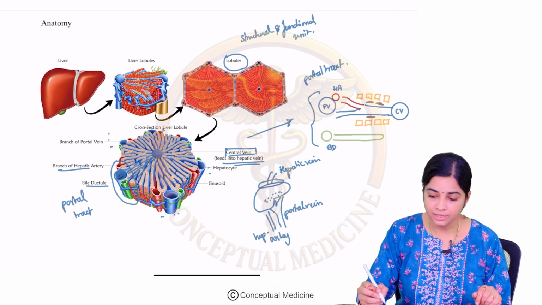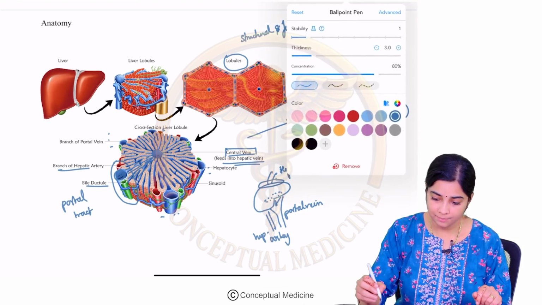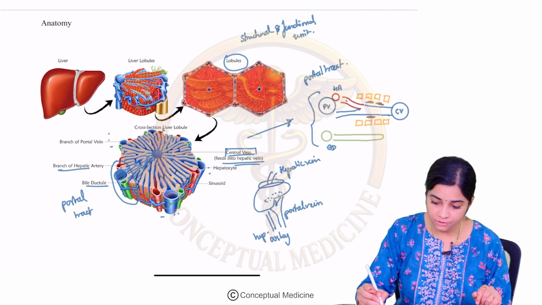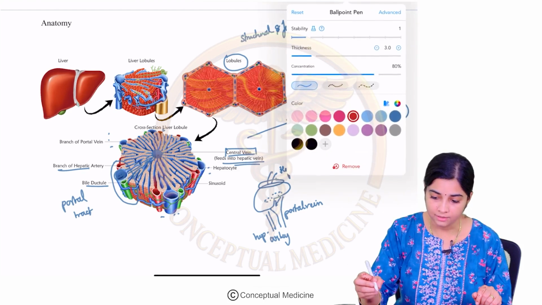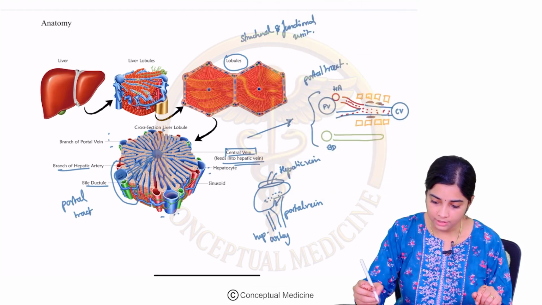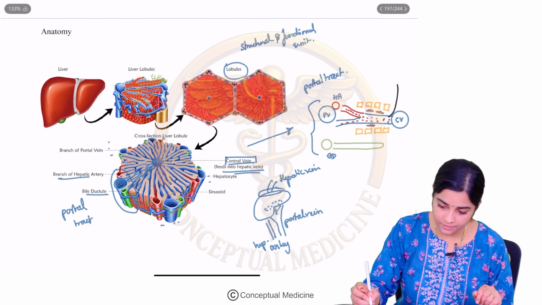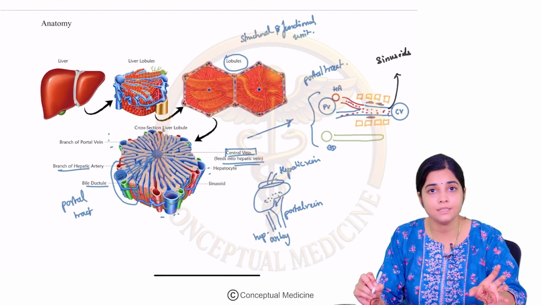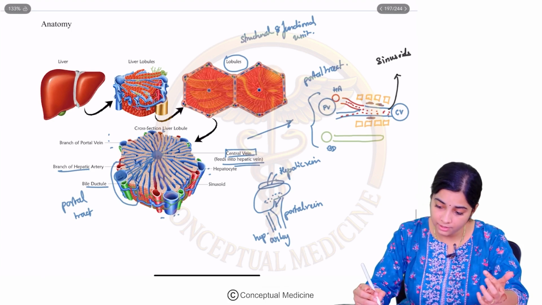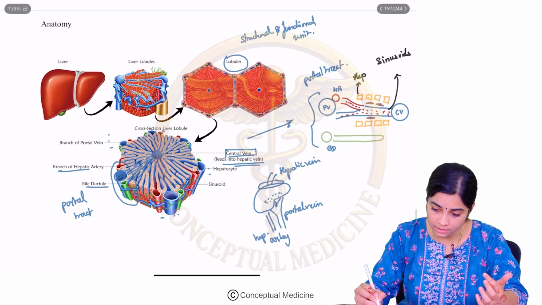If you see here, the hepatic artery and the portal vein join together, and inside this you find RBCs moving through a channel. This channel is what we call the sinusoids. These sinusoids are then surrounded by your hepatocytes.